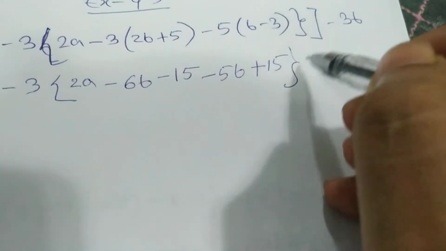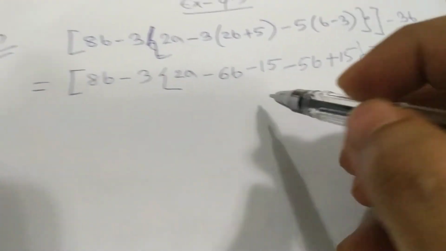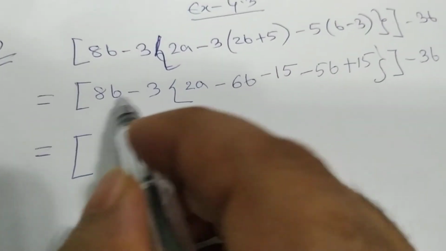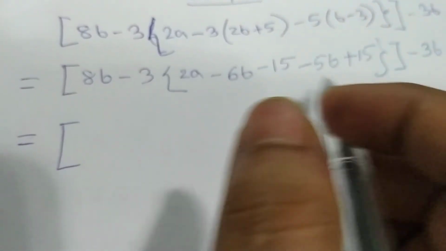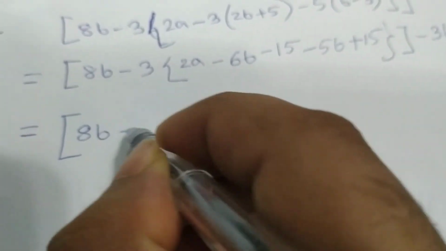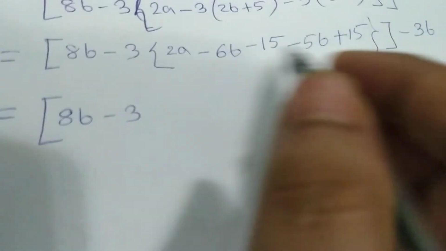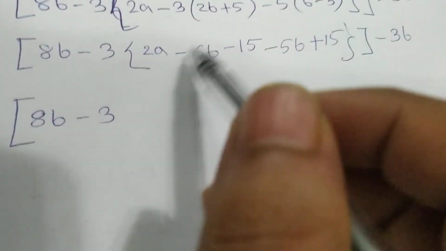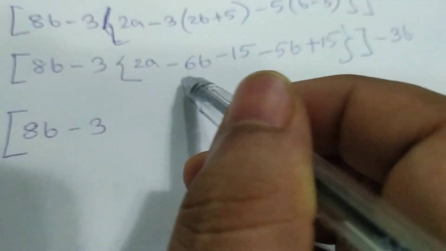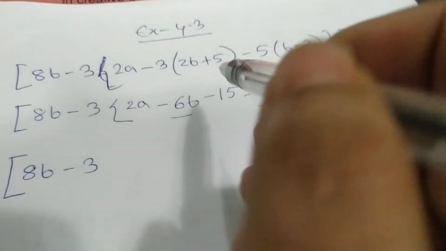And second bracket close, finally minus 3b. Now comes the part of multiplying second bracket. But before even trying to multiply this minus 3 with all of these, we can actually reduce the terms, because I can see a lot of similar terms over here, that is b and b, and minus 15 plus 15.